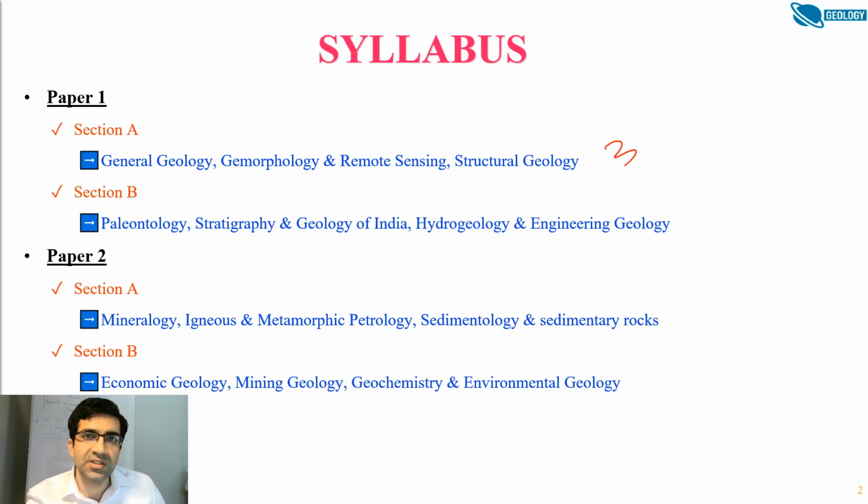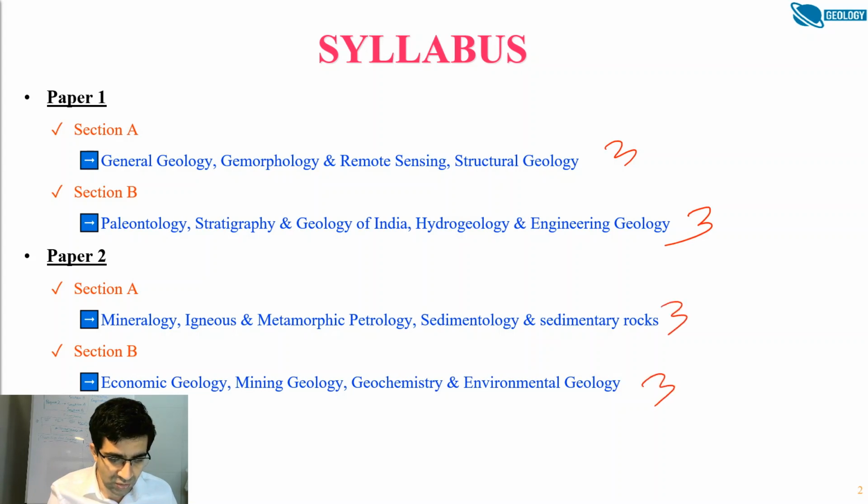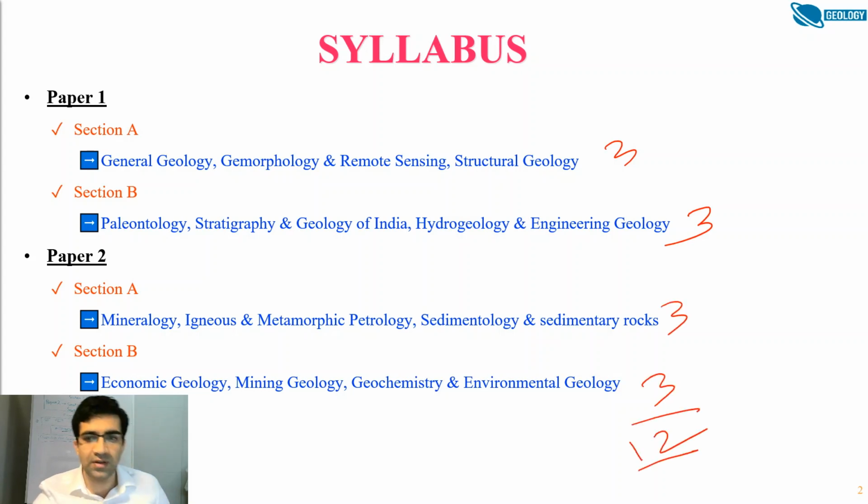And the way the syllabus is divided is that they have tried to put three subjects within each section, so that in total you have three for each section, and this will give you a total of 12 subjects.